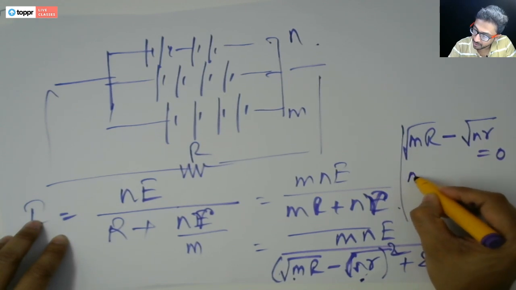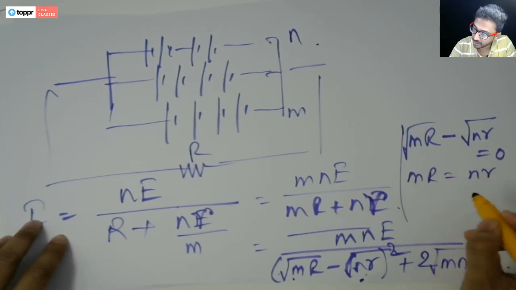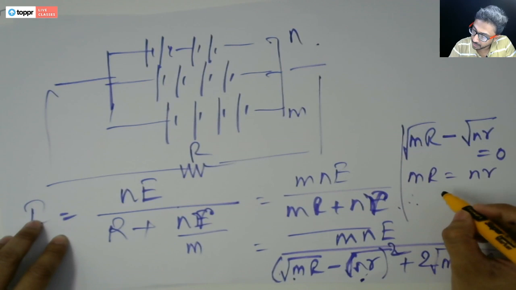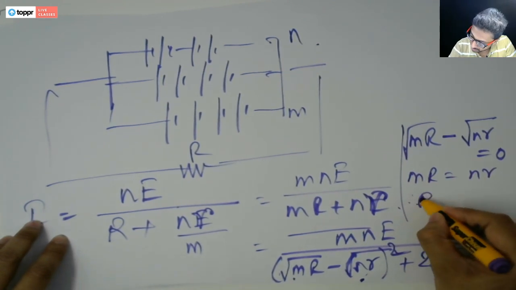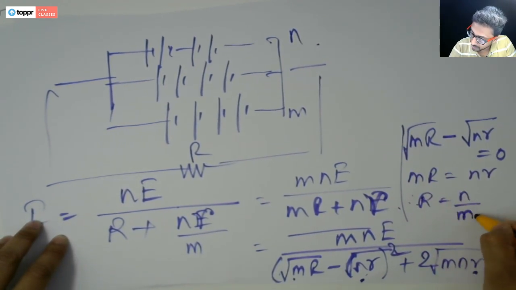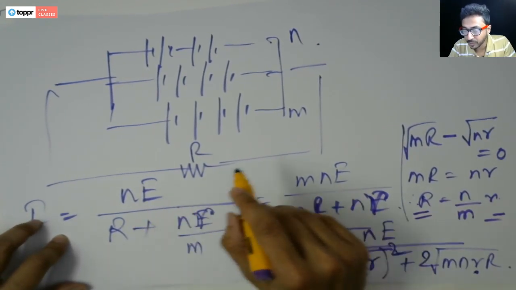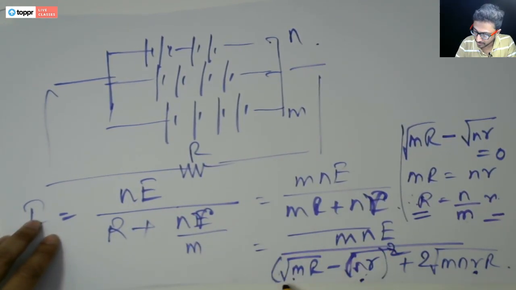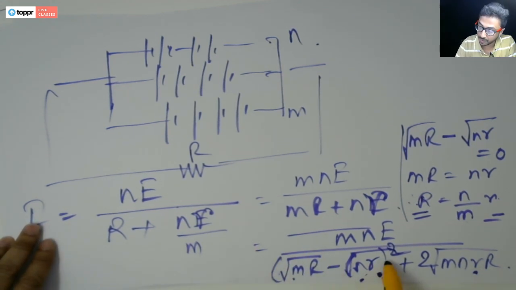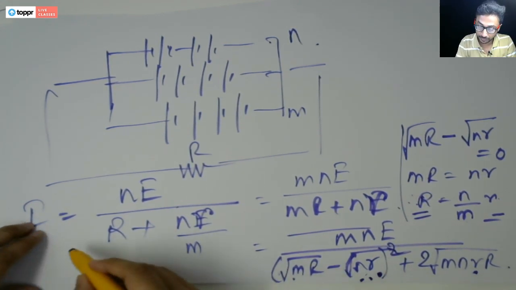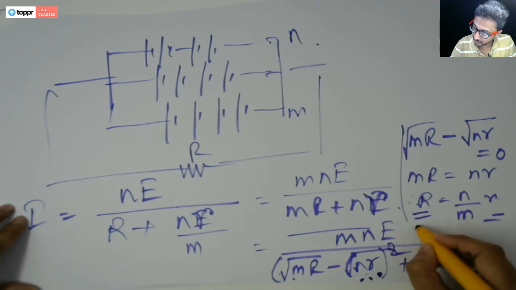That is, we can write mR equals nr, or R equals nr by m. If we place this value of the external resistance, this term will become 0 and current will be maximum. So this is for maximum current.